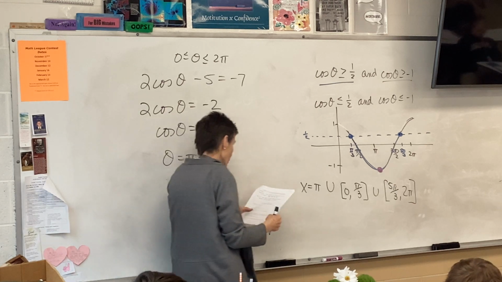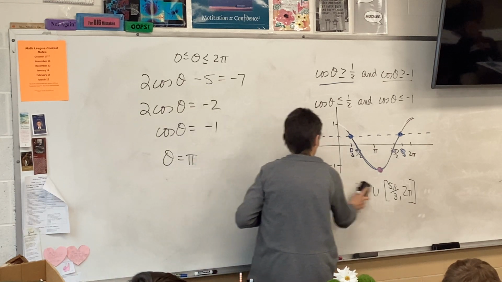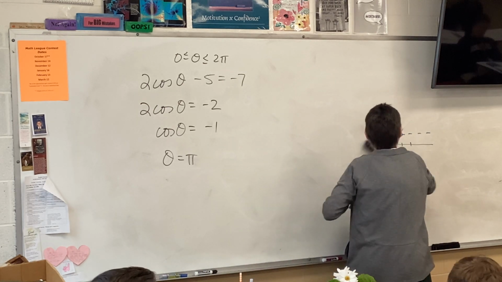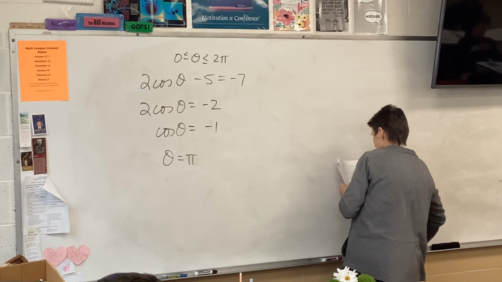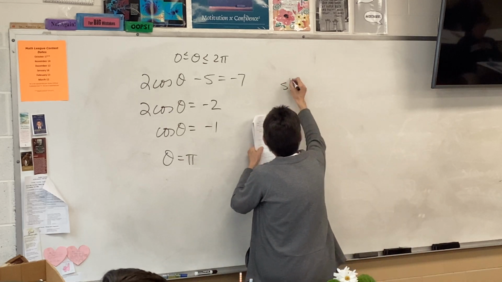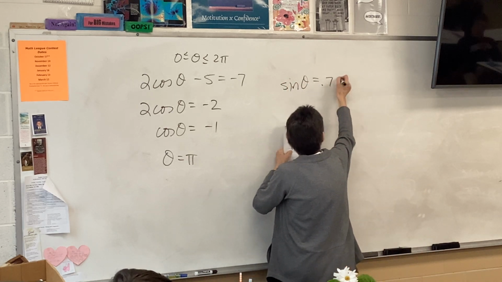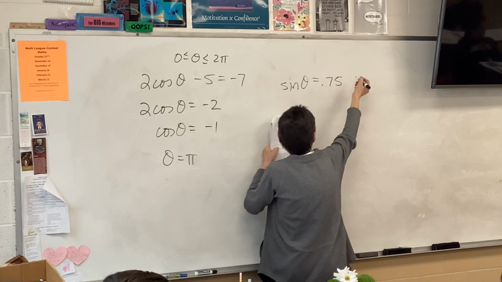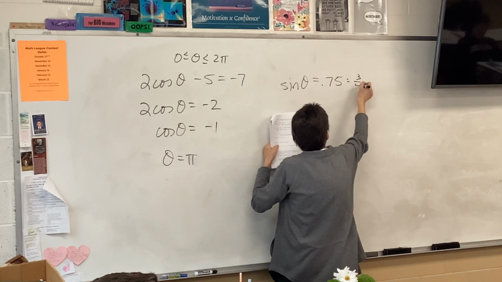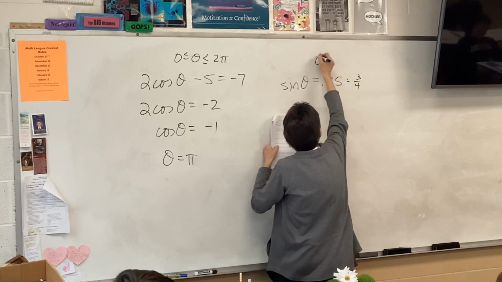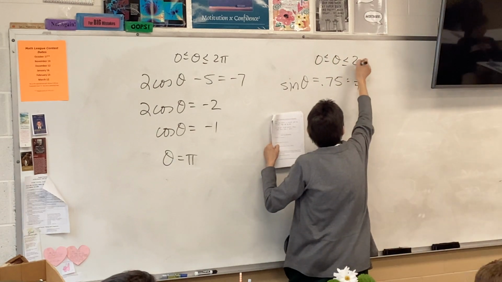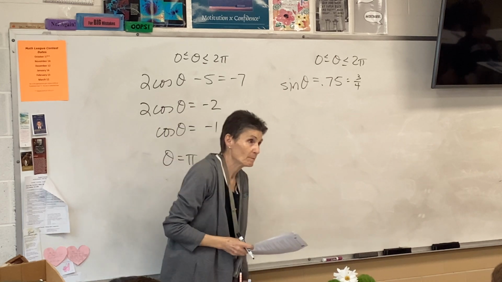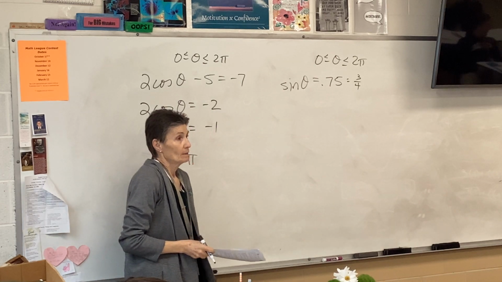All right, number 2, you are going to need your calculator because it says that sine theta equals 0.75, which is 3/4. And 3/4 is not one of your like root 3/2 type numbers, right?